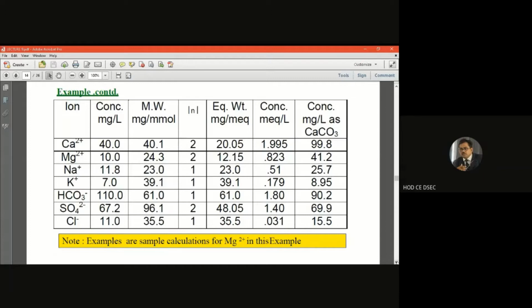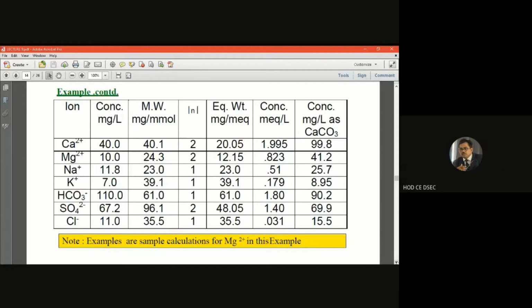Now the fifth column, I will mention the equivalent weight, which is nothing but the molecular weight divided by valency. Suppose calcium, I can consider calcium molecular weight as 40.1. Actually, molecular weight is gram per mole.